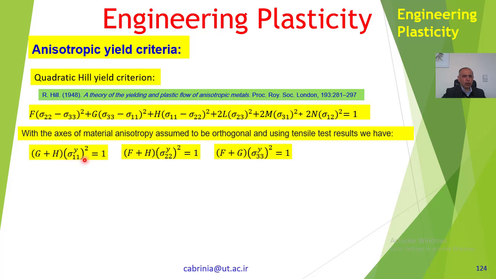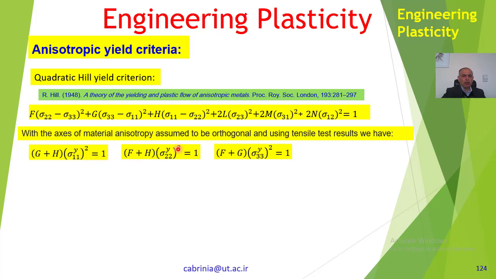What is this Y? Because we test the material until it yields. So that is the yield value for the uniaxial tensile test in the direction of 1 or x-axis. If we put all of the others equal to 0, we get (g plus h) sigma 11y squared equal to 1.